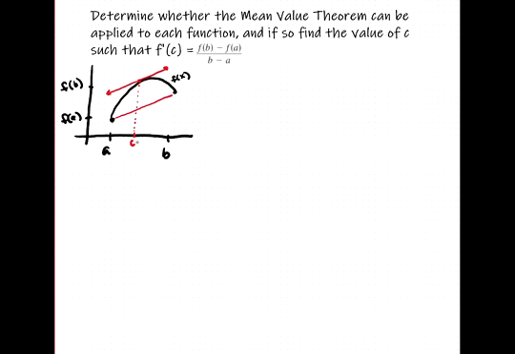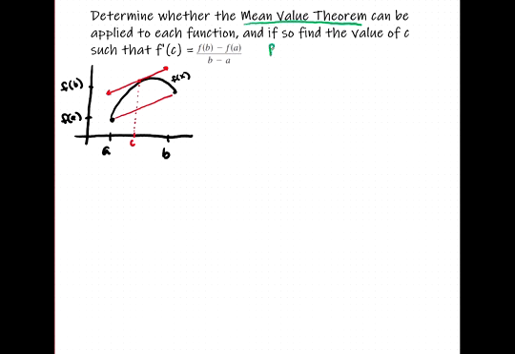Okay, to apply the mean value theorem, recall, we have a couple of criteria. Actually, one less than Rolle's theorem. Rolle's theorem says f of a has to equal f of b, but if we drop that, we'll keep the other two.